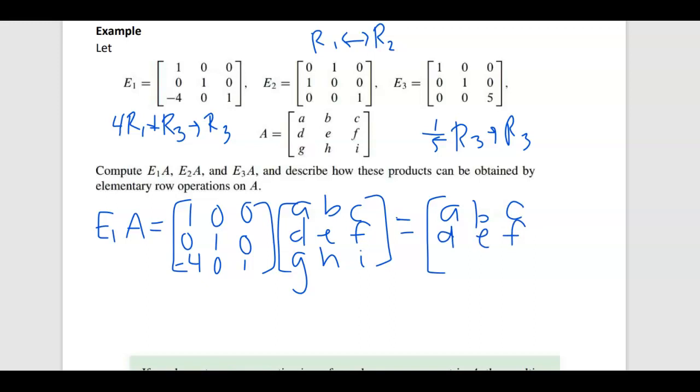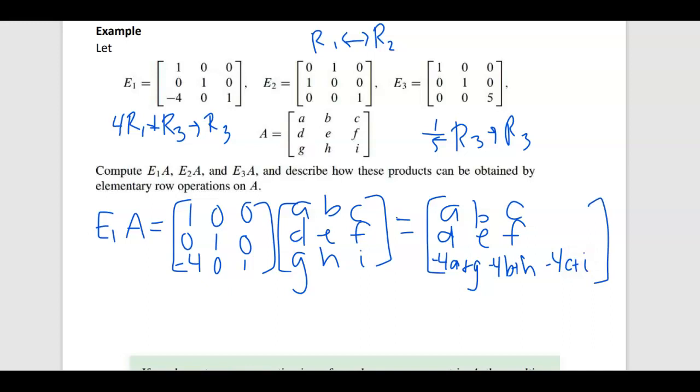Now on this last one though, I'm going to get -4 times the top row plus the bottom row. And -4 times the top row plus the bottom row. Oop, that should be H. And -4 times the top row plus the bottom row.